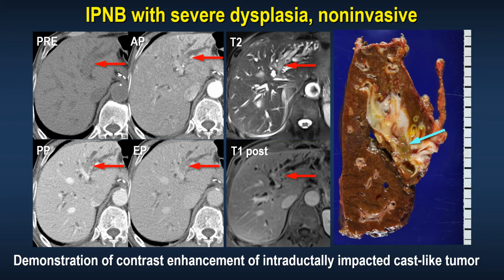On MRI T2-weighted image, the intraductal lesion also shows higher signal than stone. T1 post-contrast image also shows the lesions have contrast enhancement. In the surgical specimen, a cast-like tumor impacted in the bile duct is observed.